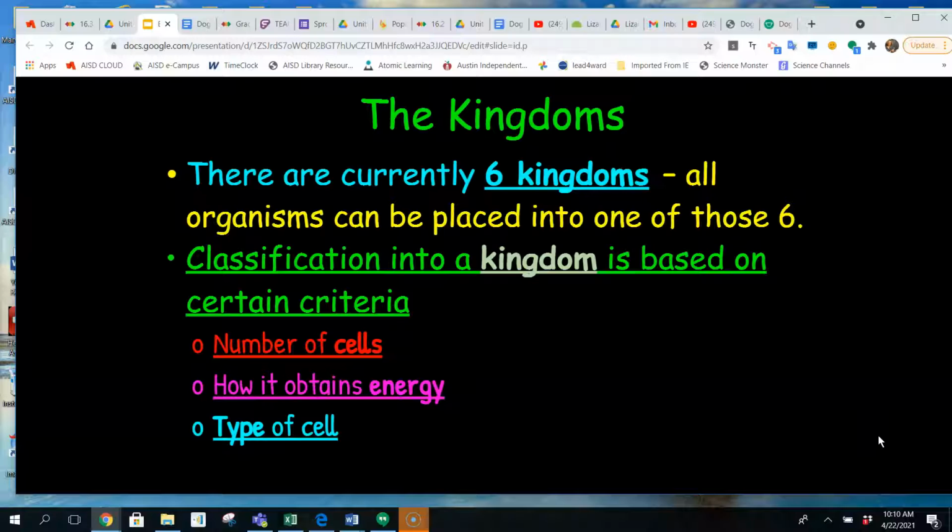How it obtains energy, meaning is it an autotroph, where it makes its own food, or is it a heterotroph that has to eat food? And what type of cell? Is it a prokaryote cell with no nucleus, or a eukaryotic cell with a nucleus and organelles? So these are different ways they're going to categorize these.